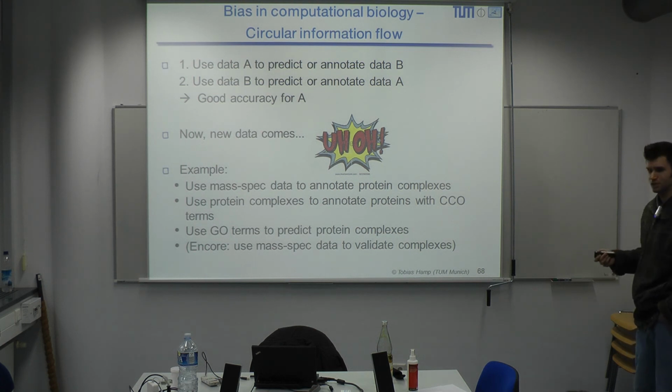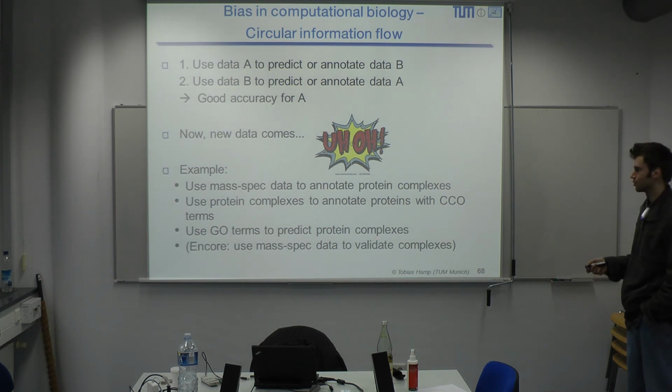He, of course, has no idea that protein complexes were used for the annotation of the GO terms, and is happy at first that he gets such good results, but as soon as new data comes, he will snap back to reality. And even better, as an encore, if he would be using this initial mass spec data to validate his predicted complexes, then the circle would be perfect.